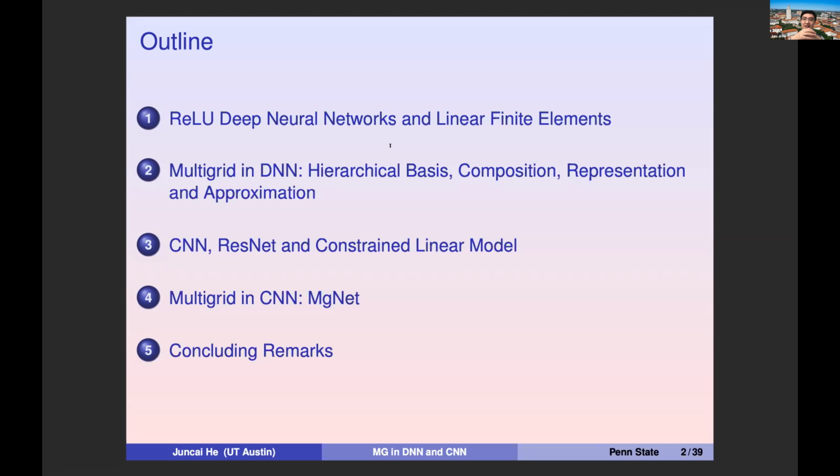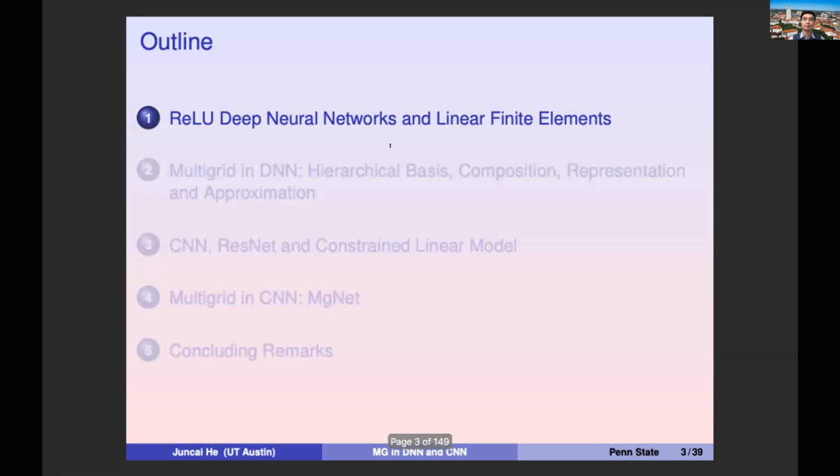Especially, we will see that we can obtain a new type of CNN called MgNet by modifying a typical geometric multigrid with only a minor modification. Then I will finish with some concluding remarks.